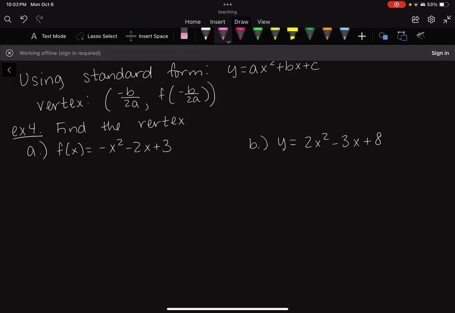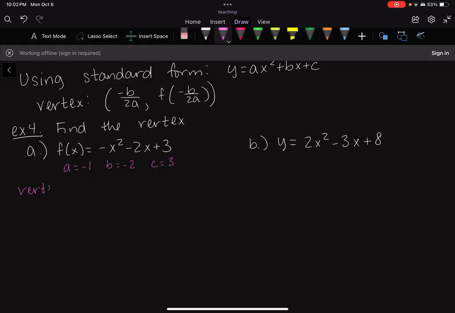So for our first one, you want to identify your A is -1, your B is -2, your C is 3. You don't need the C, but I just did it. So the X value of my vertex, let me write it like this.